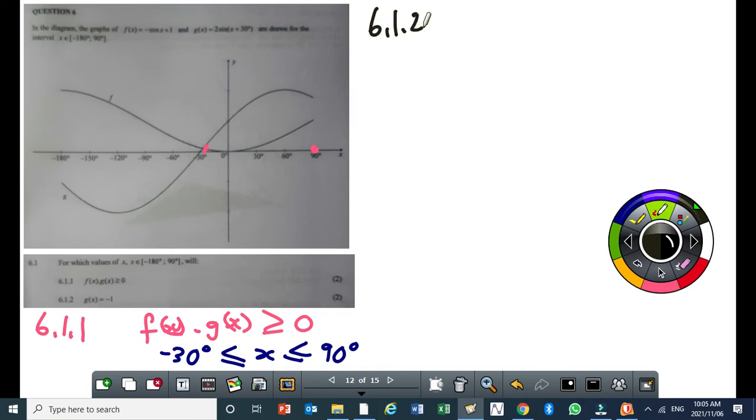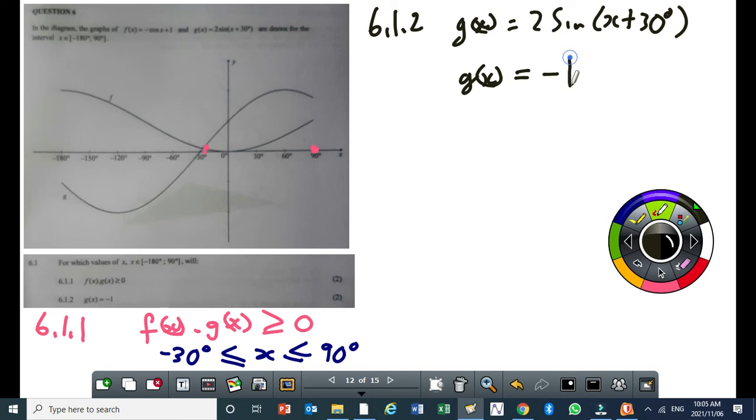Look here. g of x is equal to 2 sine (x plus 30 degrees). Then, what values of x are such that g of x is equal to -1? It means where there is g of x here, we can put -1. And you can even solve it.